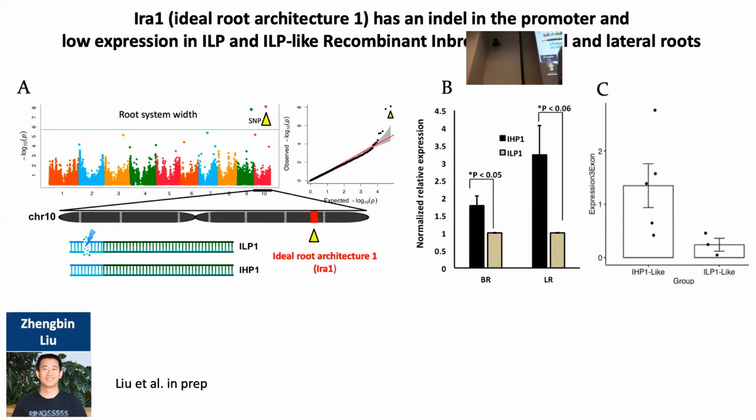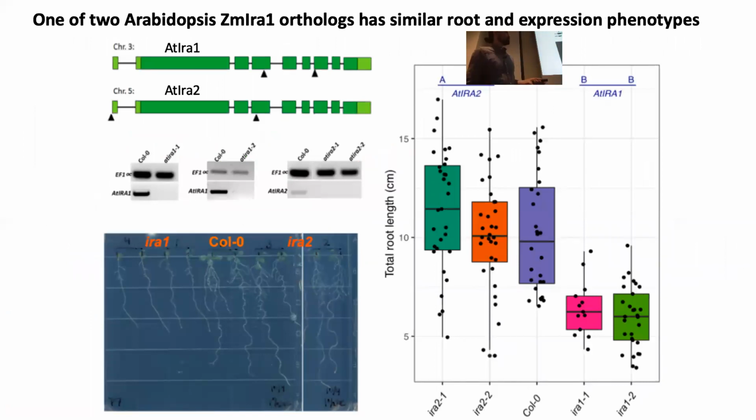So this is not something directly affecting the development of the roots, but it's something affecting the plant's decision-making process, if you will, to grow roots in a certain way, or foraging algorithms, or however you want to think about it. And because this gene is quite conserved, we see a very similar thing in Arabidopsis. There's 2 orthologs, and one of these, IRA1, has a very strong root phenotype.